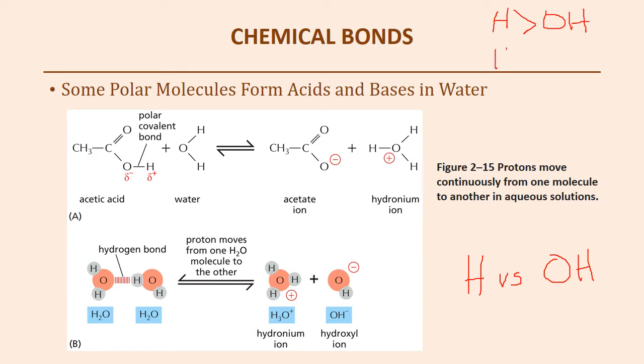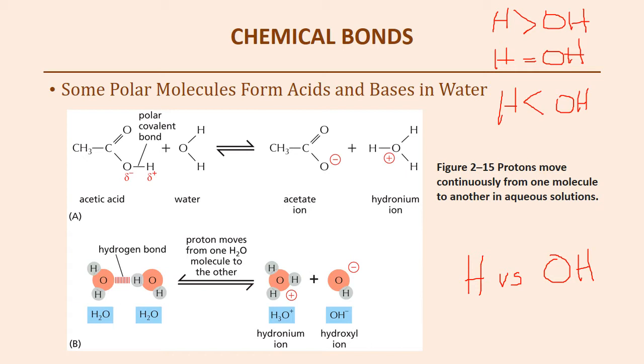Scenario number 2 will be that the hydrogen equals the hydroxide. And then scenario number 3 will be that the hydroxide exceeds the hydrogen. So those are your three options if you're going to do a ratio between two items.